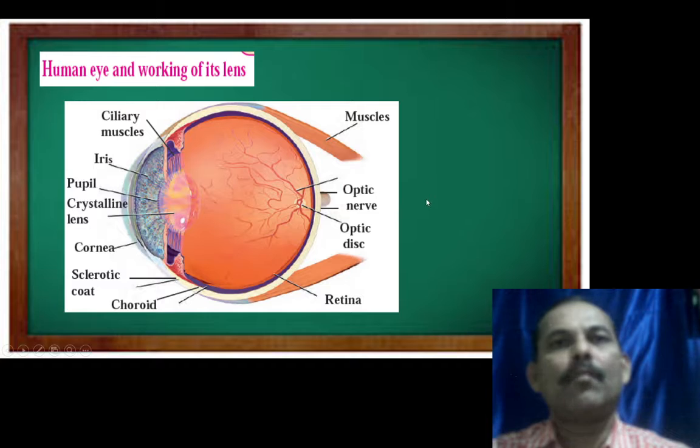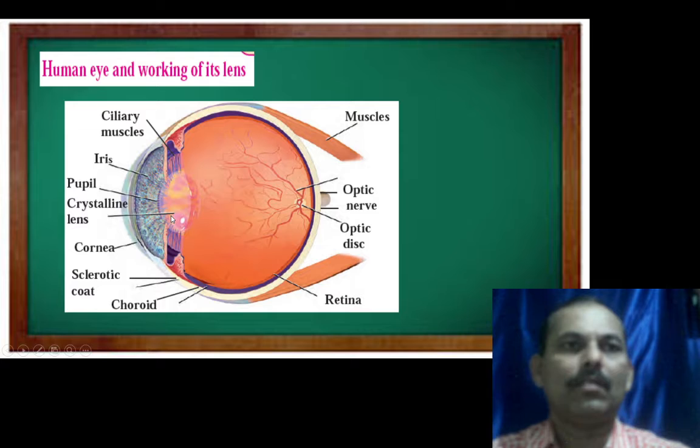In this diagram we will see the different parts of the human eye. Out of them, these are the major parts. This is the eye lens, then this is the iris, and between them there is a pupil, a membrane, that is cornea, and here a screen like a retina.